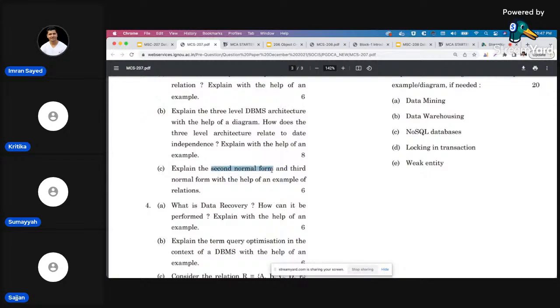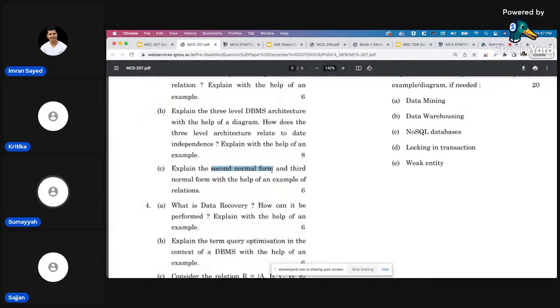Now second normal form. So what's that? A relation is in second normal form if it is in first normal form, and the non-prime attributes should be fully functionally dependent on the primary key. Okay, and the third normal form?